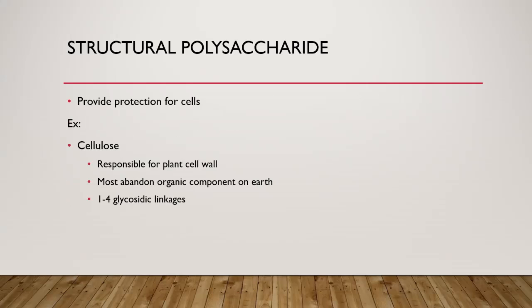Cellulose is responsible for the plant cell wall, and it is the most abundant organic compound on Earth. Cellulose is also responsible for the paper we use today. It has glucose monomers in a chain of 1 to 4 glycosidic linkages.